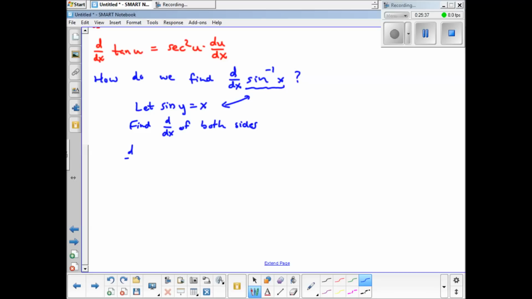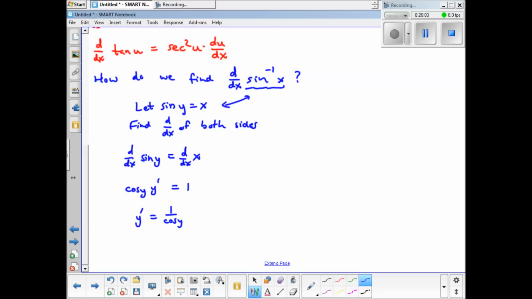So it's d dx sine y equals d dx x. This side is cosine y times y prime, or you can write dy dx, equals 1. So y prime is equal to 1 over cosine y.